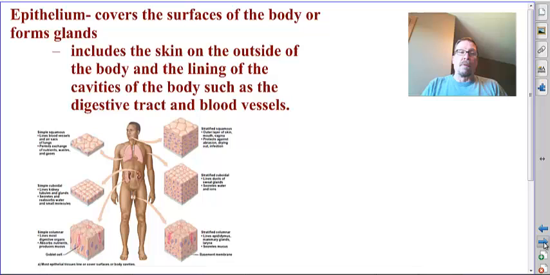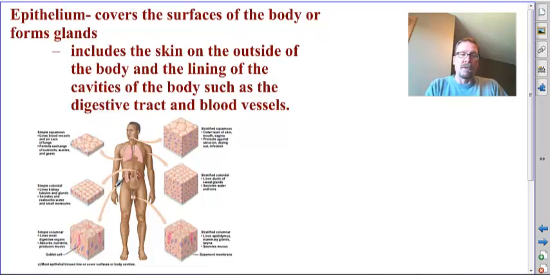Okay. Between epithelium and connective tissue, you're looking at the two that are pervasive throughout the body and just about a part of everything. Epithelium covers the surface of the body or forms glands. It is the membranes, it's the skin, it's all the coverings of your body.